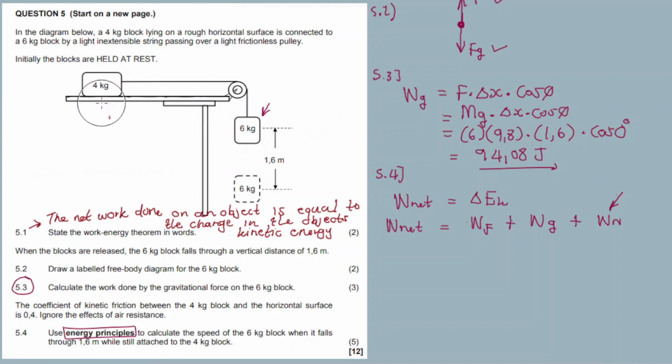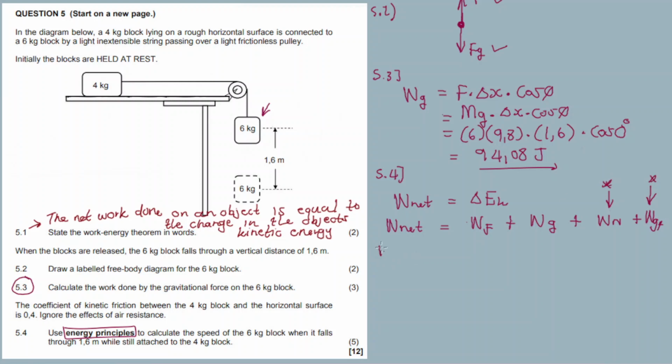So let me do this and do this, plus work done by the gravitational force of the block. These two are actually equal to 0, but you will see that in a moment.